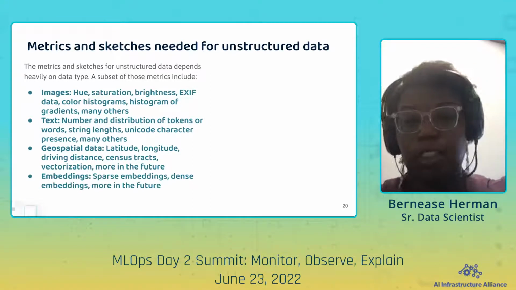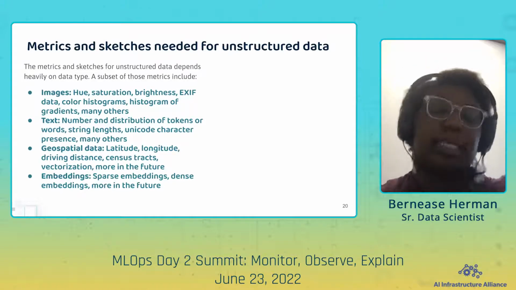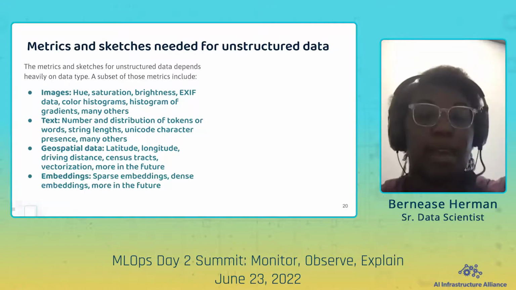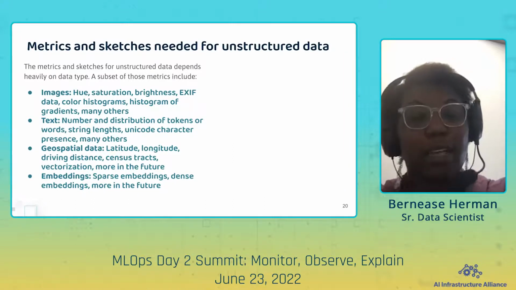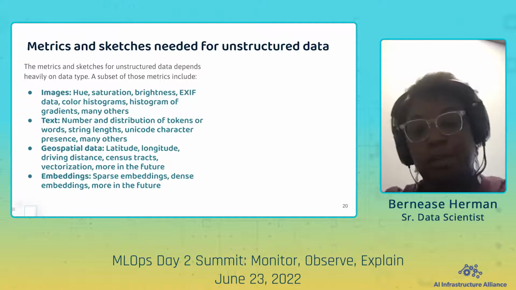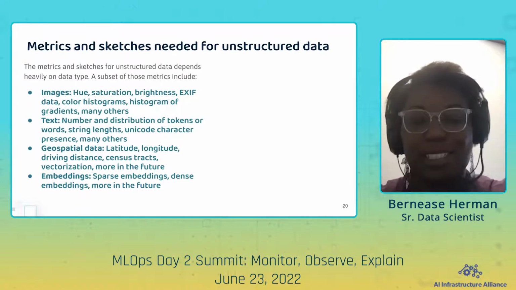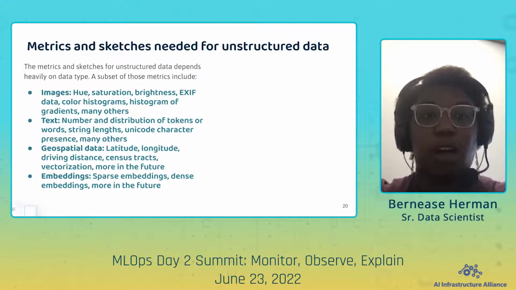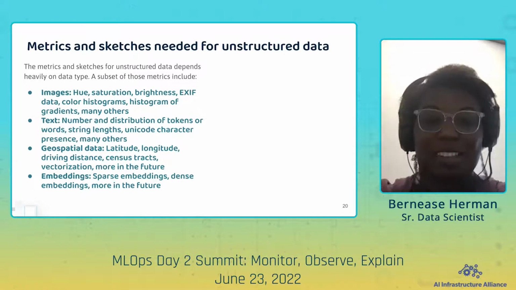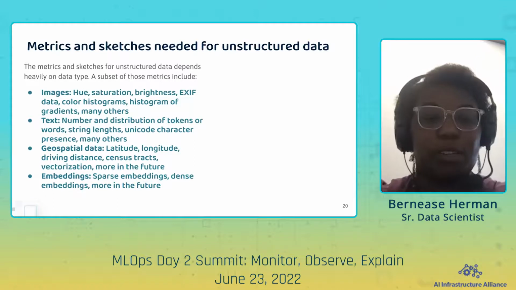And then for the last example I'll give here is embeddings. So there are sparse embeddings or vectors of data that you have, maybe a bag of words for your text. There are dense embeddings. So we build embeddings for lots of things, images, text, documents, all sorts of stuff. And these also have with them a number of metrics that you can collect and use.